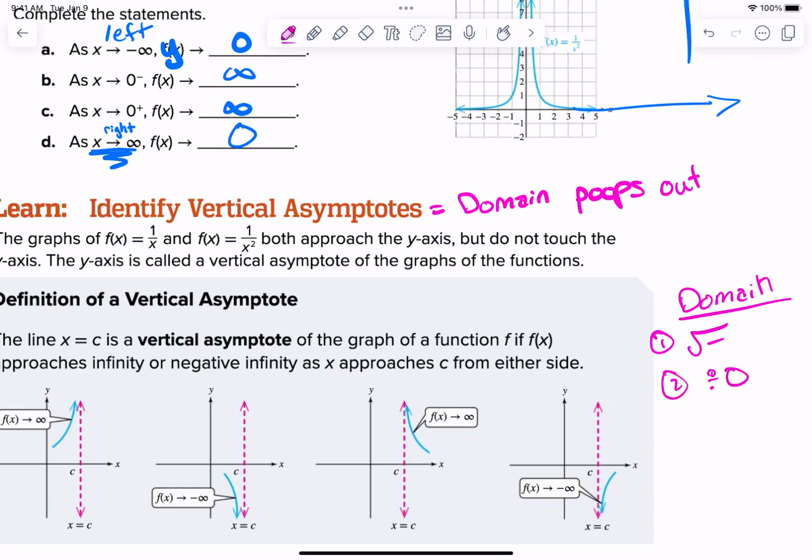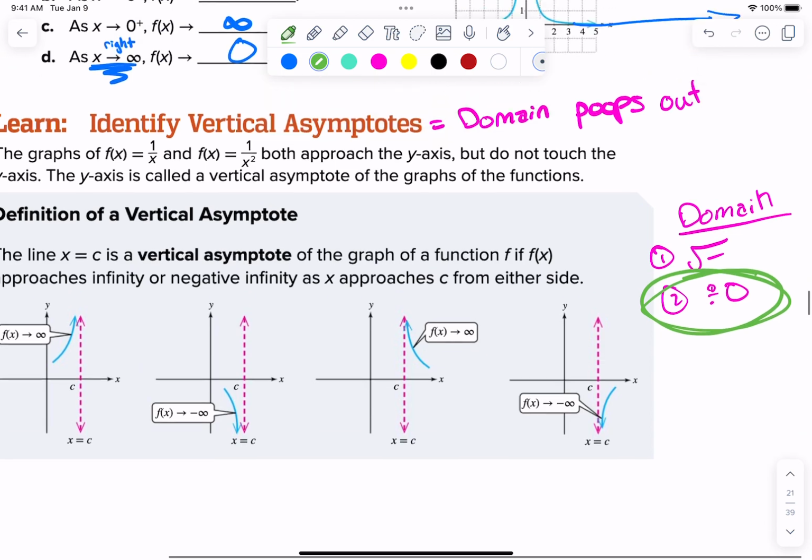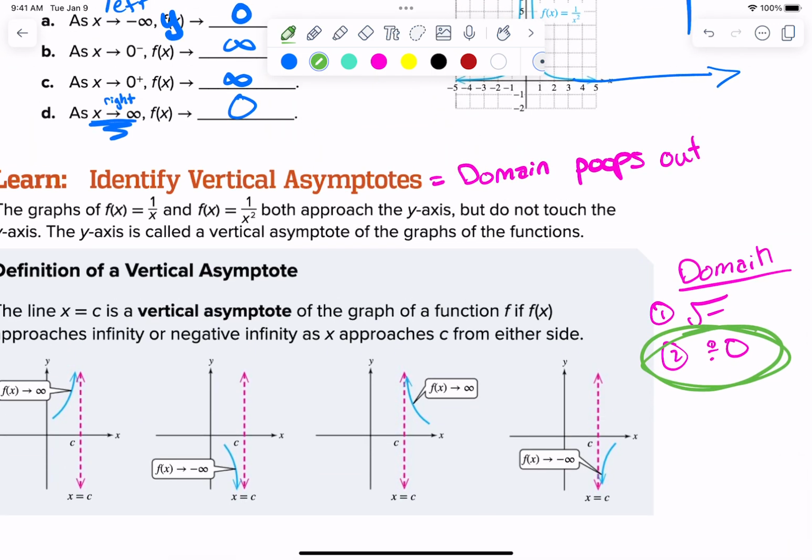For rational functions, you may have a square root, but most of the time you're going to be worried about dividing by 0. So when your domain has a problem, that's where a vertical asymptote occurs, right?